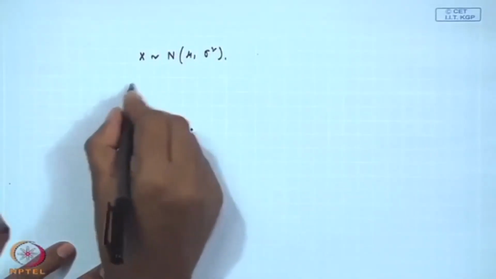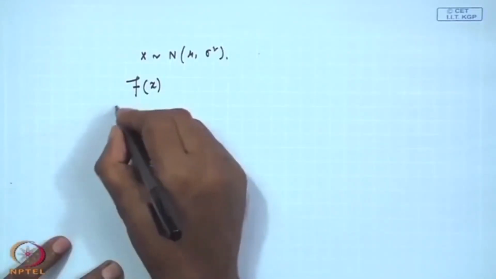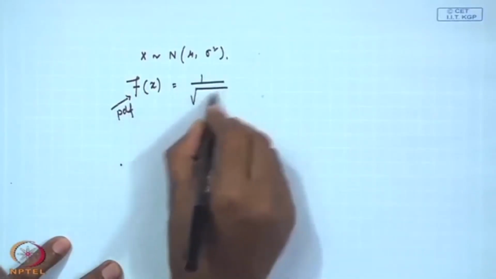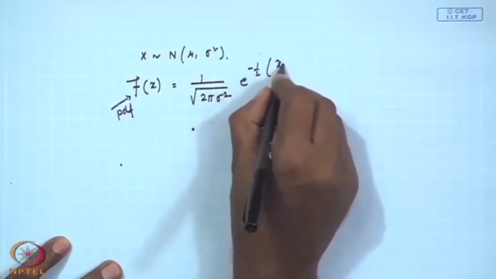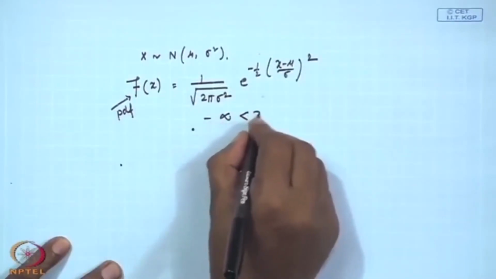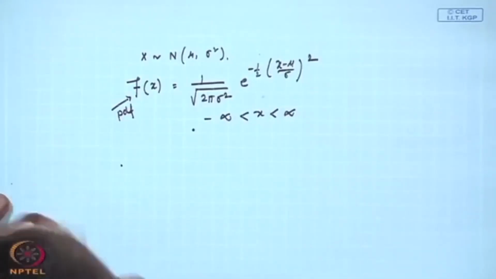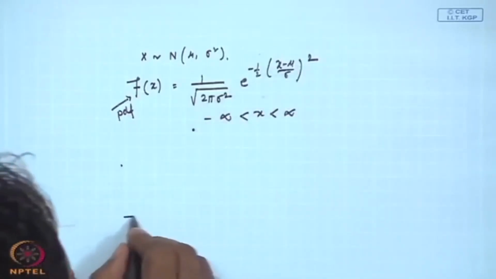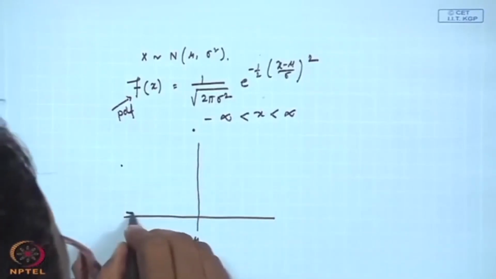Then the PDF of x, f(x), you will write as 1 by root over 2 pi sigma square, e to the power minus half ((x minus mu) by sigma) square, where minus infinity is less than x less than plus infinity. You have seen earlier that this is what the normal distribution is.